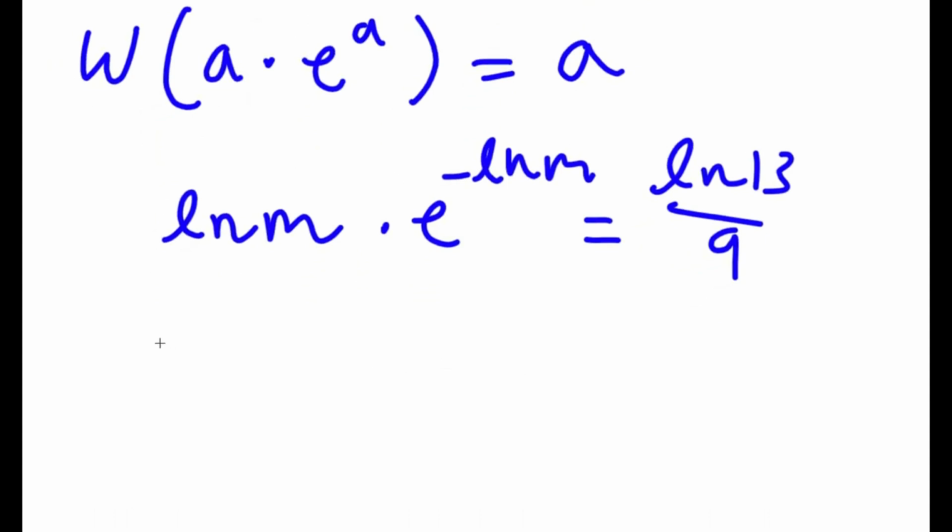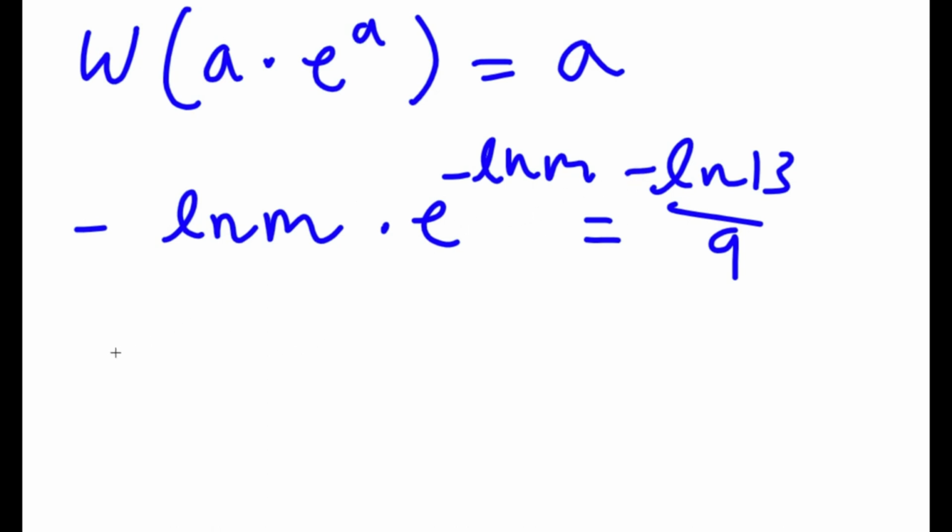So now if I use this function, and now before doing that, if I multiply both sides by negative, I get negative ln m times e to the power of negative ln m is equal to negative ln 13 over 9.